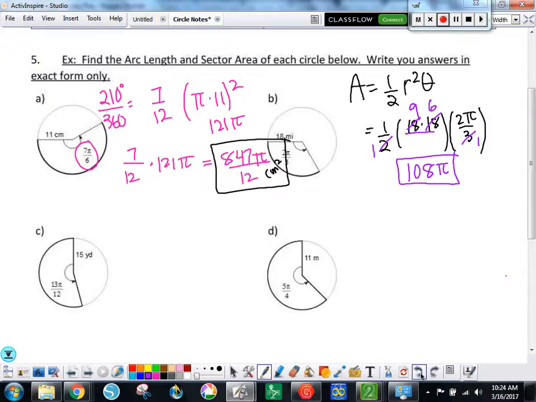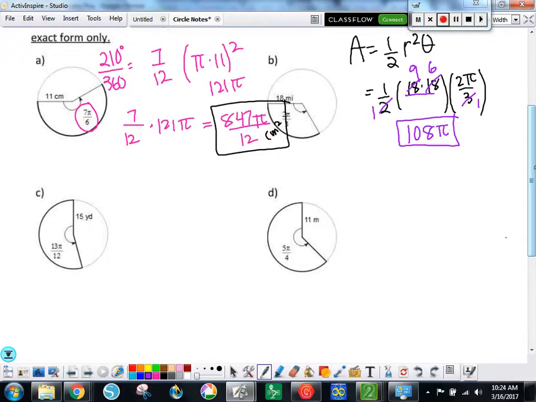Let's do another one like that, and then the last one you decide and tell me what you want to do. So let's do it again. Area equals 1/2. What's R? 11 times 11. I spread it out so it's easier to cancel things. What's theta? 5 pi over 4.